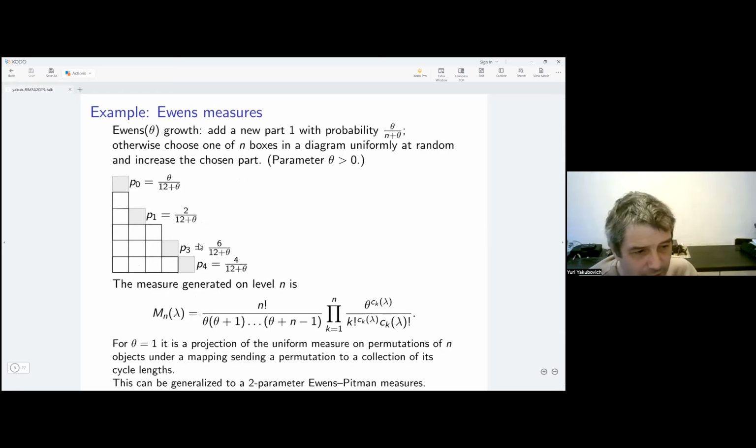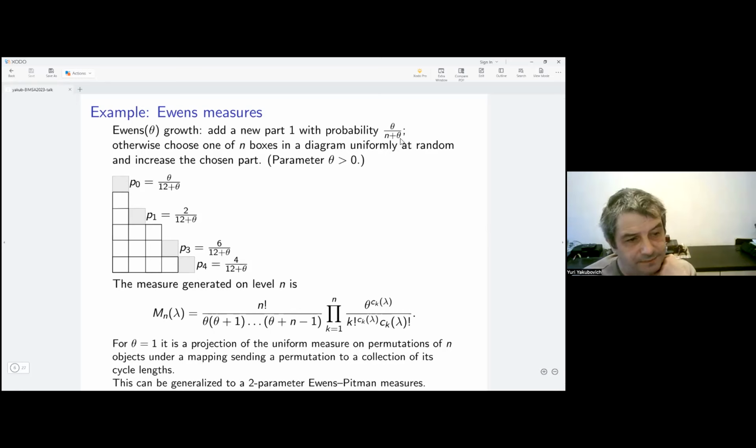So I will give you 2 well-known examples. The first is the so-called Ewens measure. So it is as follows. To each partition we can add a new part 1, and we do it with probability which depends just on the number of boxes, or the size of the partition, in such a way where theta is some positive parameter.